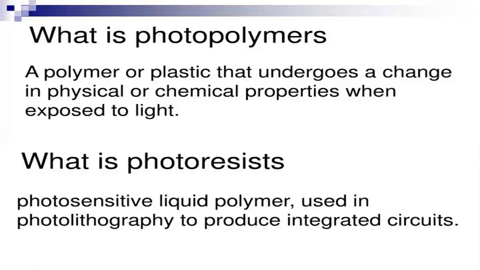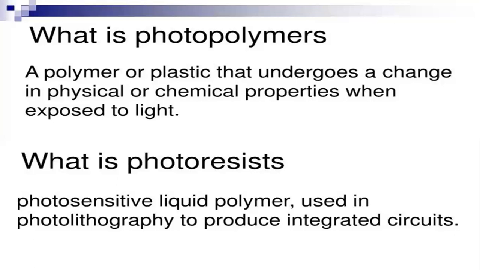And what is photoresist? A photosensitive liquid polymer used in photolithography to produce integrated circuits. So I am using photoresist to create integrated circuits in that liquid polymer resin. I am taking a liquid resin in stereolithography operations.